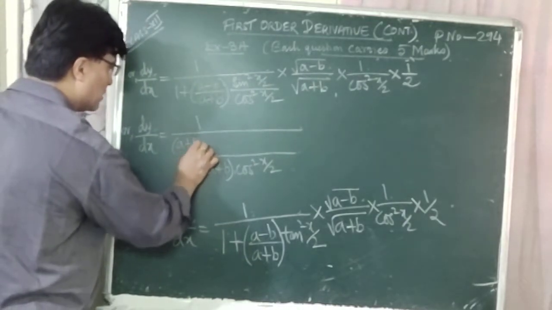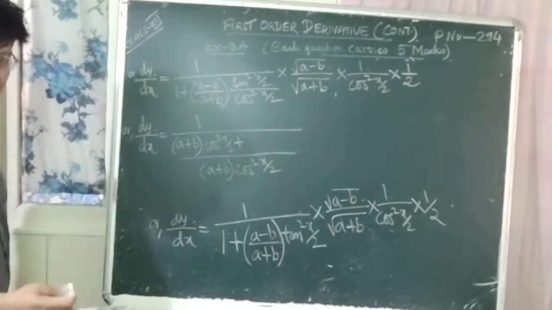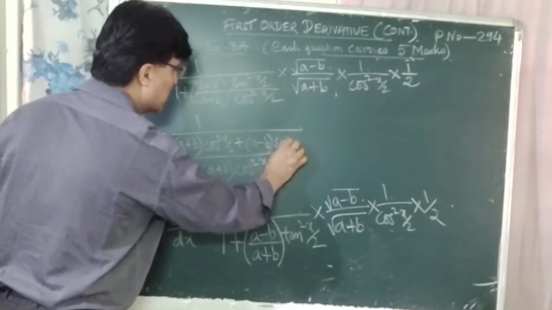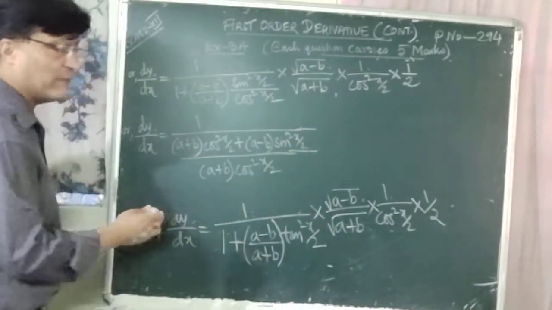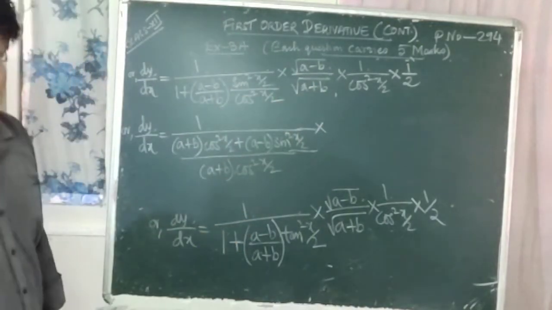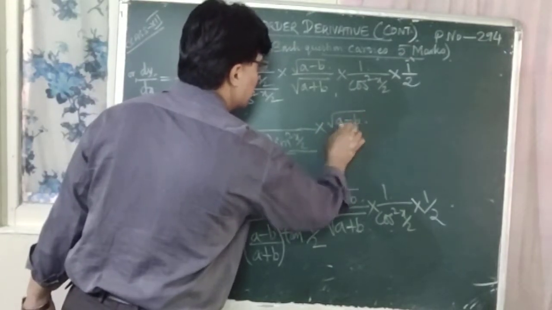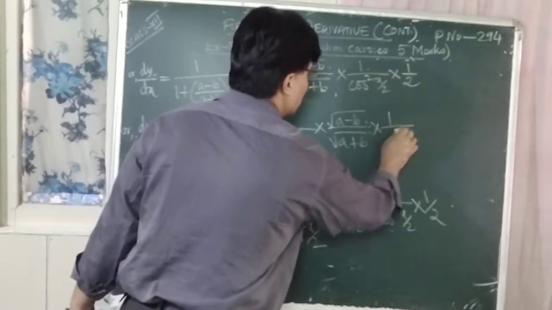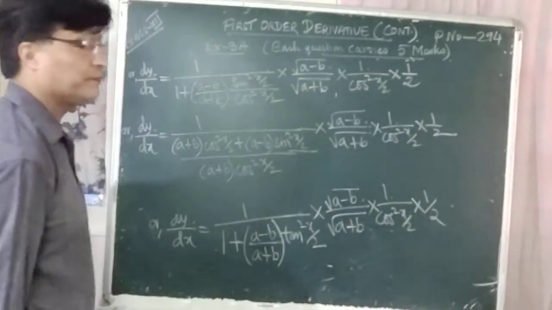So it is a plus b into cos square x by 2 plus next this is a minus b into sin square x by 2. You know how to get the LCM and simplify, right? So all of the other terms, keep them as they are, root over a minus b divided by root over a plus b into 1 upon cos square x by 2 into half. Is that clear?